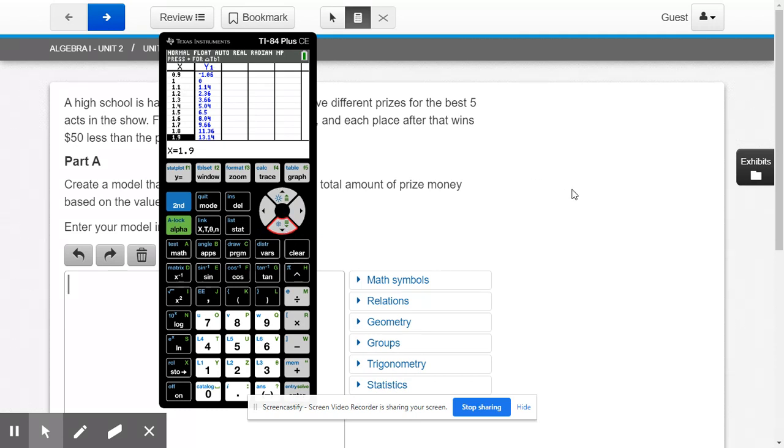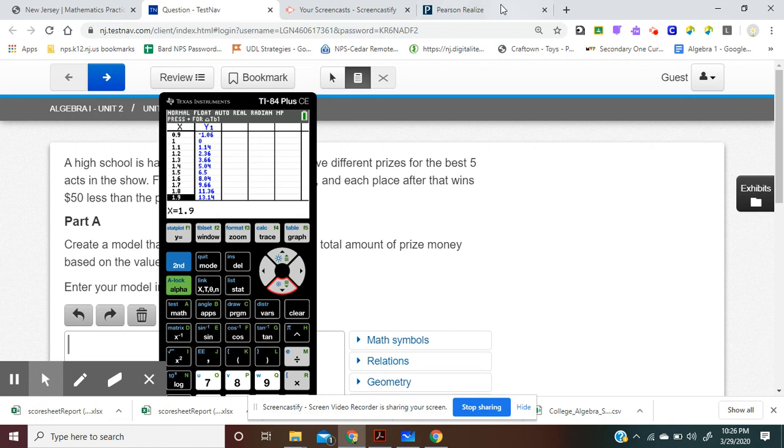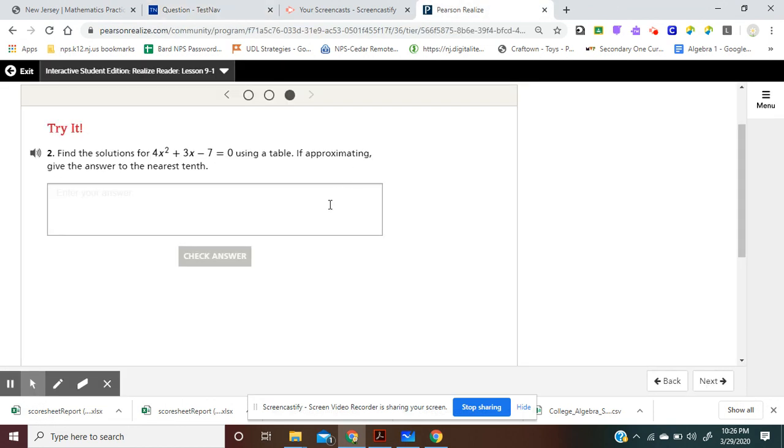So I'm going to go back. You can give a couple of examples if you create a table. I'm going to mention another strategy you can do, especially if you're using technology. You could note that you used a calculator.